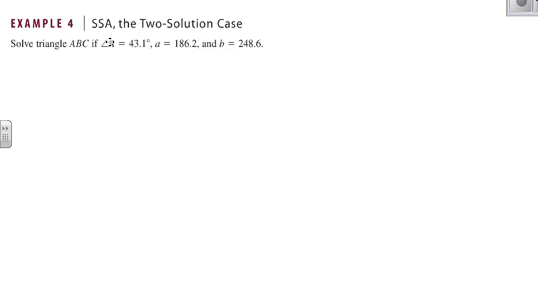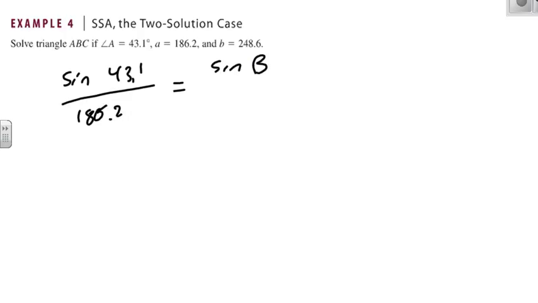You don't really have to, because you just need to know that angle goes with the matching letter. So we have sine of 43.1 over 186.2 equals sine of b over little b, 248.6, equals sine of c over c, which we don't know. So there's our three missing pieces of information.